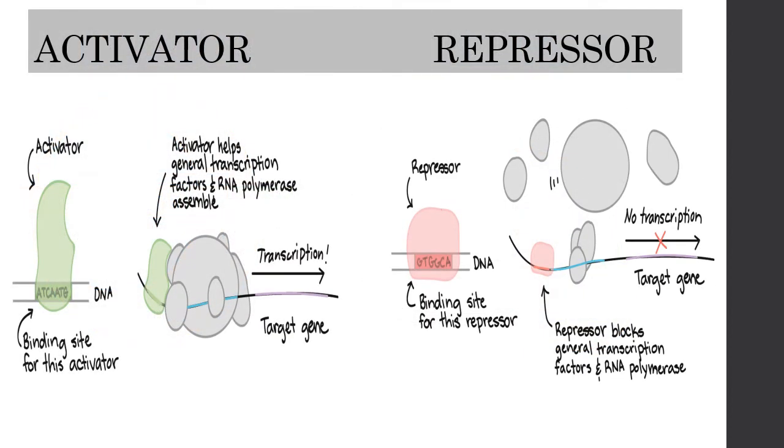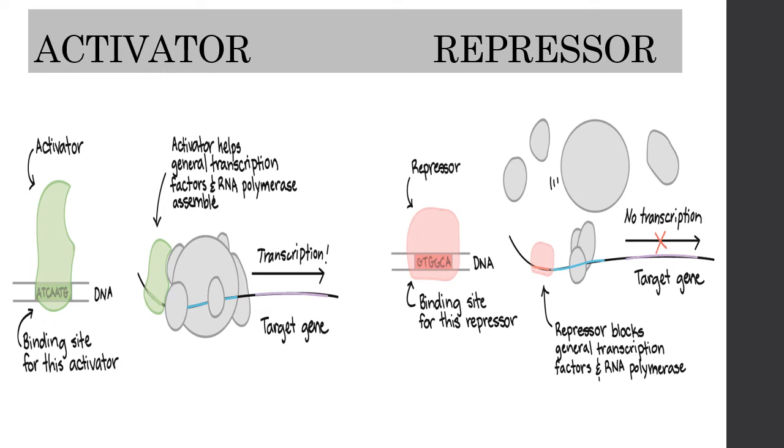Here we can see the activator and the repressor. Some transcription factors activate transcription. For instance, the general transcription factors and RNA polymerase will bind to the promoter, as shown in the diagram below. So this activator helps the general transcription factors and the RNA polymerase to assemble, and the transcription here will take place.